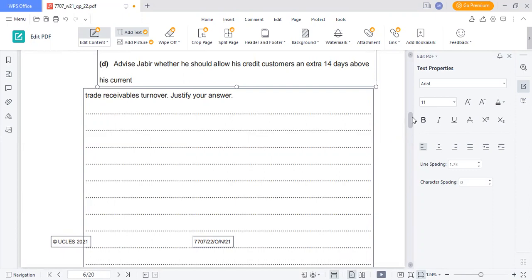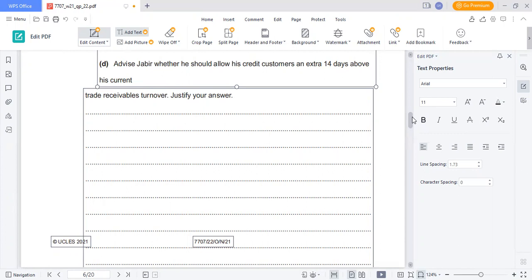So if we allow his credit customers 14 days extra, his sales will increase, as more customers will want to buy goods from him, as he's allowing a 66 days payment schedule. So it will attract more customers, sales will increase, profit will increase, and relationship with customers will also improve.